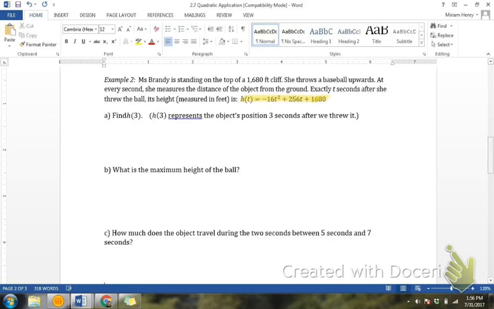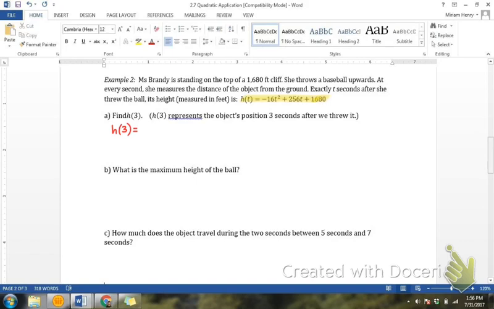Okay? So it says find h of 3. And 3, remember, if it's in here, represents time. So we're figuring out how tall it is after 3 seconds. So this part says just evaluate the equation when t is 3. All right? So let's go ahead and set that up. We're going to set up h of 3. Are we going to get an equation to every single story problem?